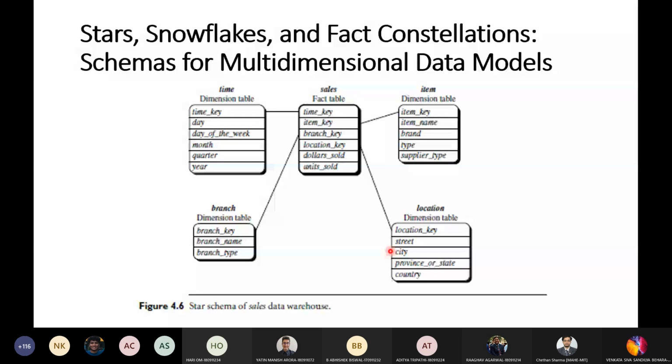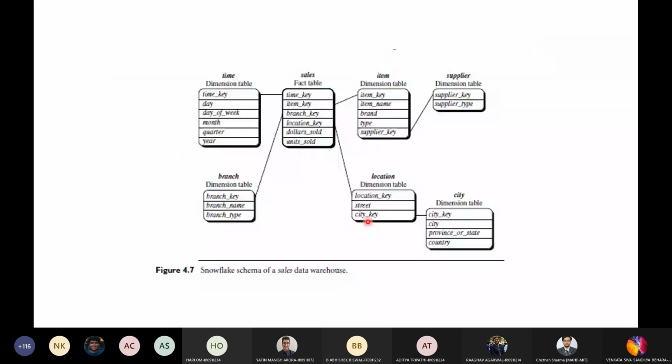City and below are stored in the location table, and city and above are stored in the city dimensional table, that is city, state, and country.